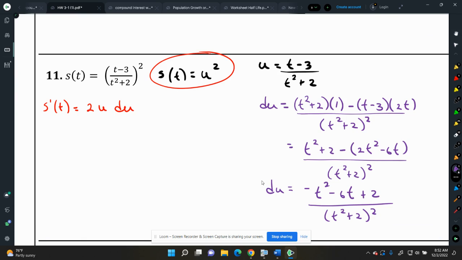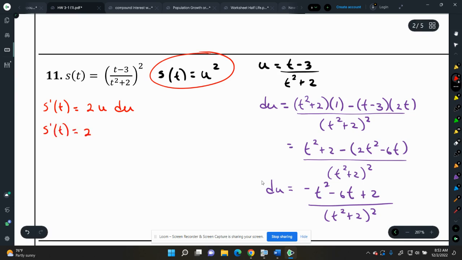I chose to do u substitution just because I've got a chain rule that requires a quotient rule in there. Okay, so now I'm going to go back and substitute things in. S prime of t equals 2u. What does u equal? t minus 3 over t squared plus 2.